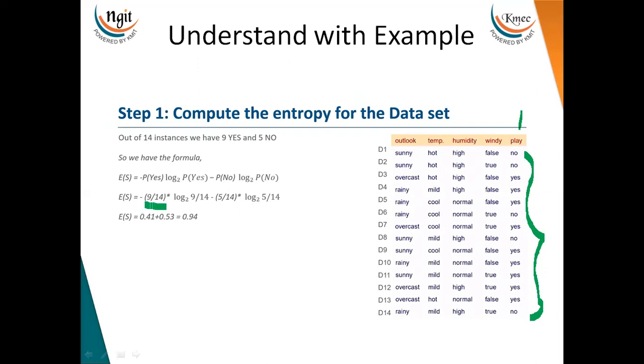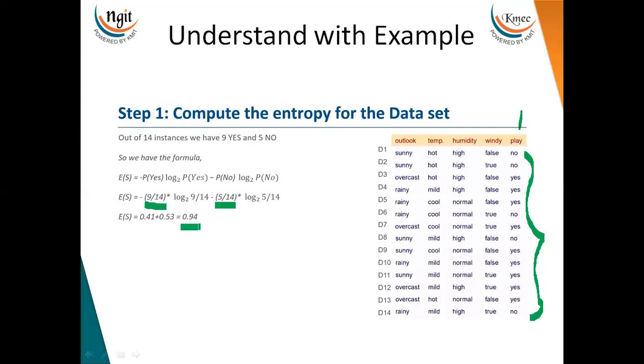I am having the remaining 5 observations as no, so I will take its probability as 5 by 14. Each is multiplied by its log, then added, and you take the negative value of this summation, and finally you will get the entropy of the entire data set as 0.94.